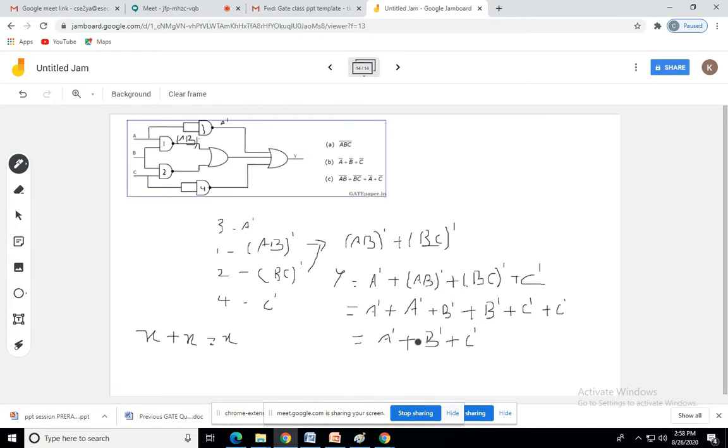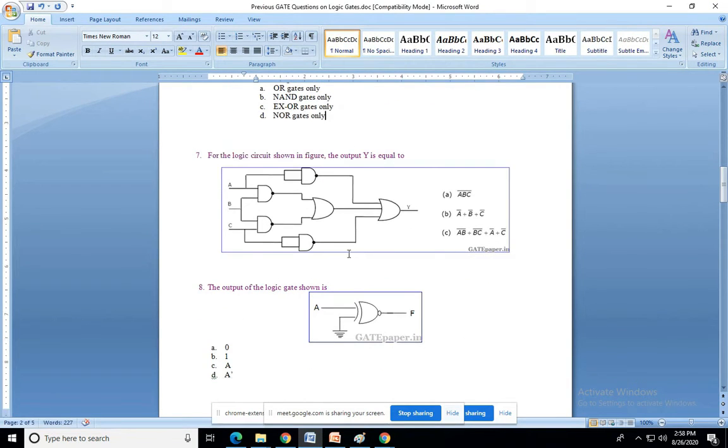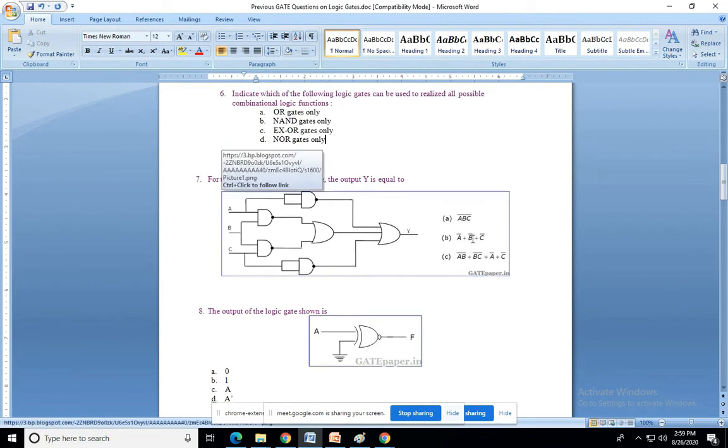So the output is A dash plus B dash plus C dash. So our correct answer is option B, A dash plus B dash plus C dash. Okay.